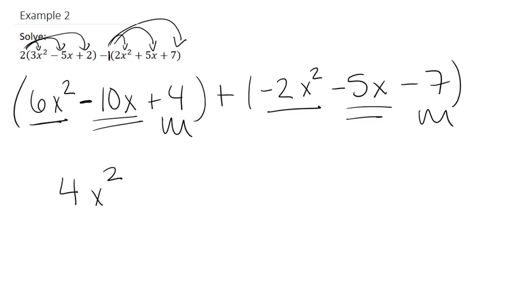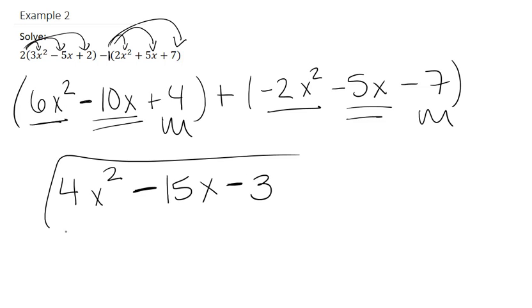Really, all we're doing is adding 10 plus 5, so that's 15, but remember the minus sign, and x is the variable. Next, we have 4 minus 7. Another way to do that is just going 7 minus 4, which is 3, but we're going to keep the sign of the larger number, so that's the negative 7. So this would be our solution.